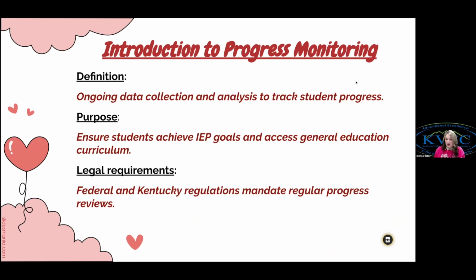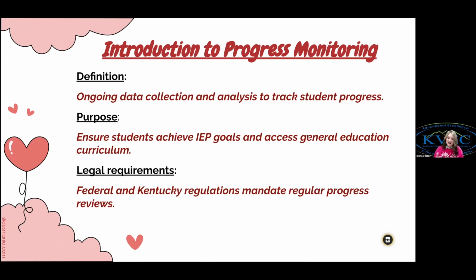It's a critical and important piece, but it's sometimes overlooked, or sometimes we miss really important pieces of progress monitoring. By definition, it is ongoing data collection. We collect data and then we analyze that data to track student progress.